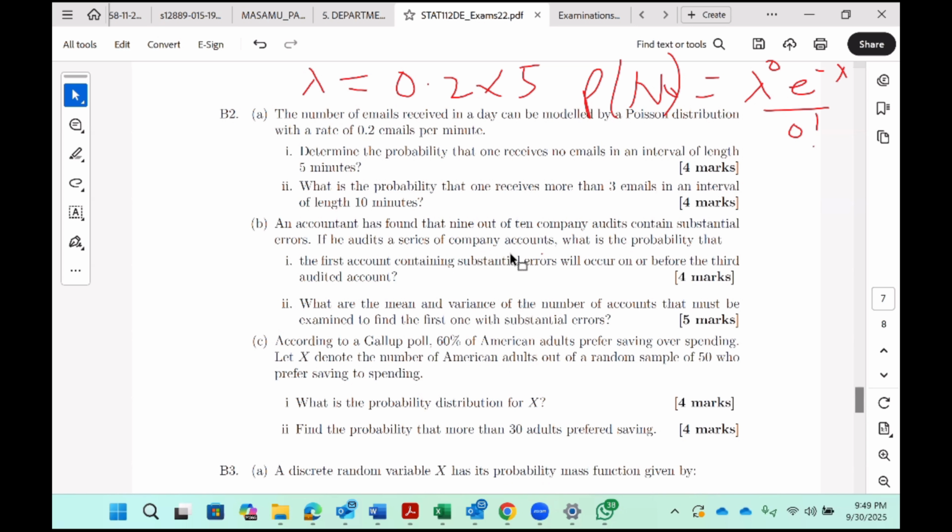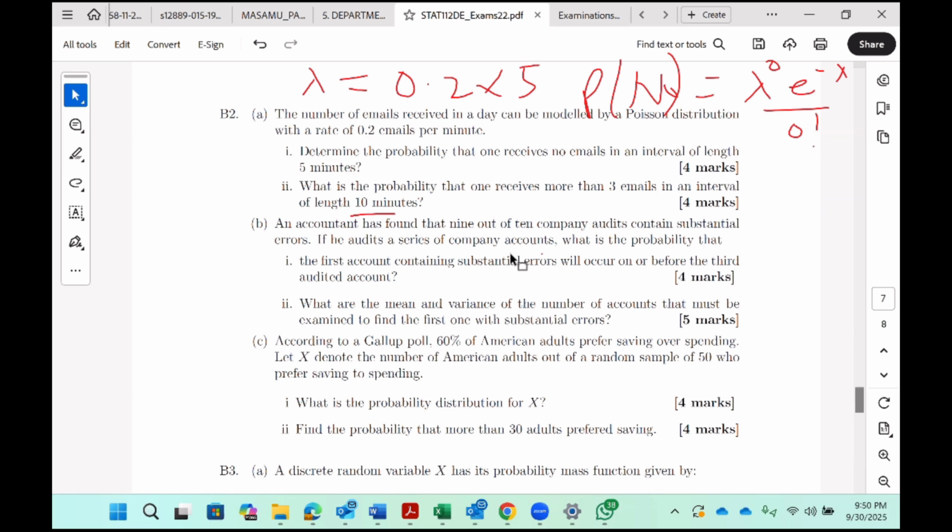When it comes to the second one, what is the probability that one receives more than 3 emails in an interval of length 10 minutes? So here we also have to calculate our new lambda, which will be 10 times 0.2. So that will be a new rate. So more than 3 emails.